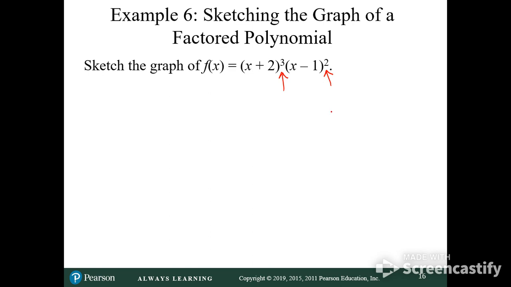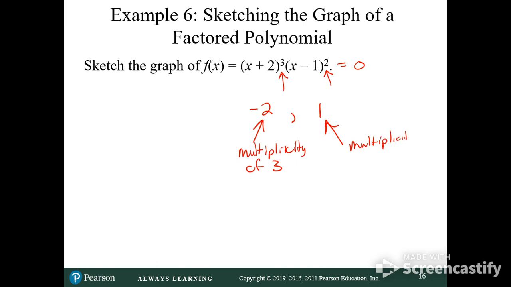So if we set this function equal to 0, we have -2 as a root and 1 as a root. -2 is a root with a multiplicity of 3, and 1 is a root with a multiplicity of 2. So it's a 5th degree function, but it's going to look a little different.